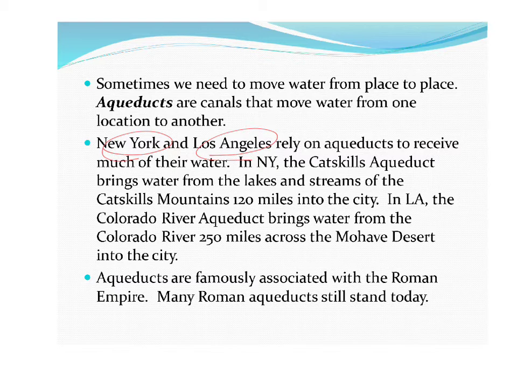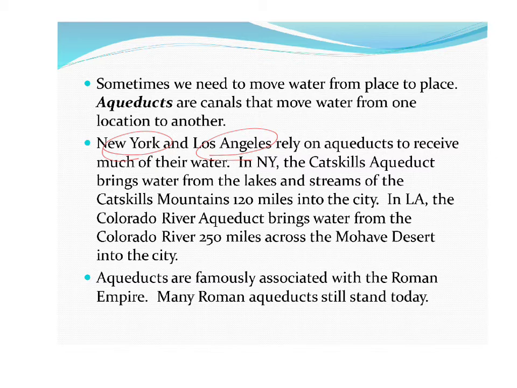In New York, the Catskills Aqueduct brings water from the lakes and streams of the Catskills Mountains over 120 miles into the city of New York. And in Los Angeles, which is a very dry city natively, by the way, the Colorado River Aqueduct brings water from the Colorado River 250 miles across the Mojave Desert into Los Angeles.